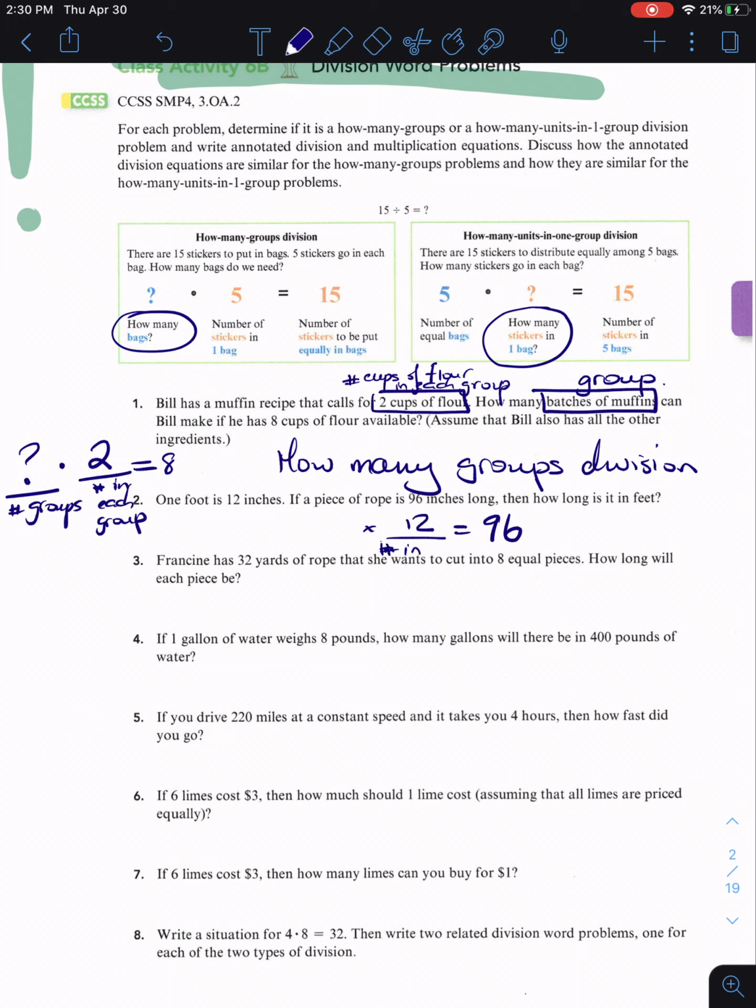We don't know how many feet, so the number of feet and 12 inches in each foot. So the group is 1 foot, and it's a group of 12 inches, and we want to know how many groups we have. How many groups?